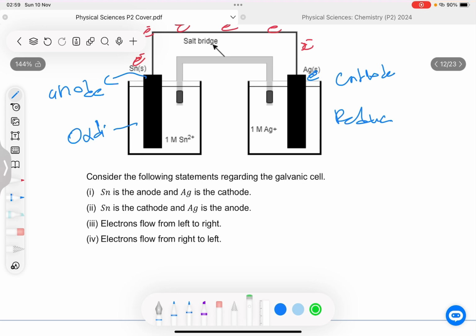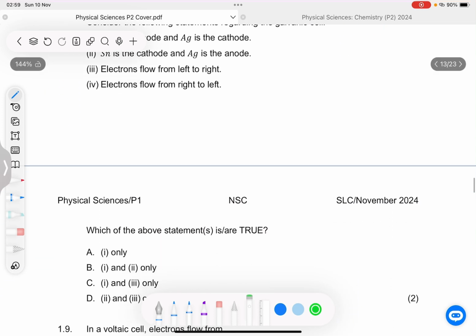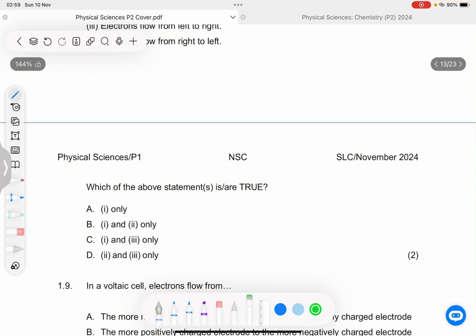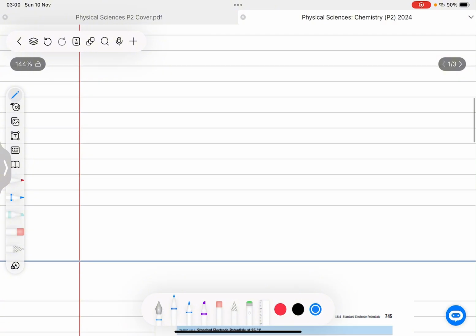So the option that says Sn is the cathode cannot be true, and our electrons flow from left to right. So Roman figure 1 and Roman figure 3 should be our options. They say, which of the above statements is or are true? So we said we need to have this and that. So C is our option.